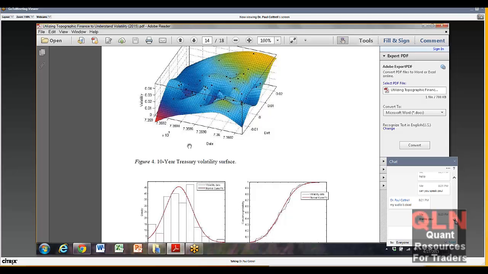Well, yeah. The economic pattern would be how interest rates relate to the yield curve.